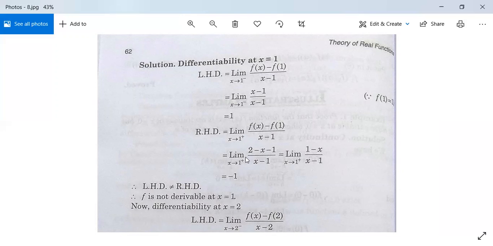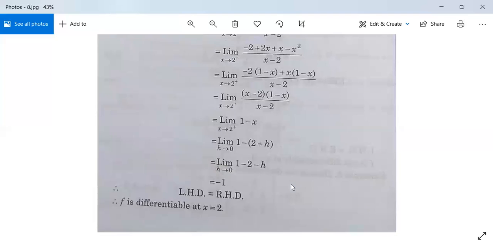So when x is tending to 1 from above, then f(x) is 2 minus x, minus 1 by x minus 1. So it is your limit of 1 minus x by x minus 1 and its value is minus 1. तो यहाँ पर लेफ्ट हैंड डेरिवेटिव इज नॉट इक्वल टू राइट हैंड डेरिवेटिव. तो यानी कि f is not derivable at x equal to 1.